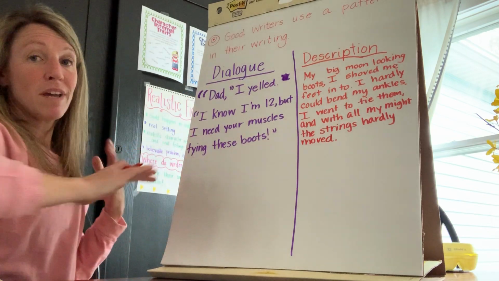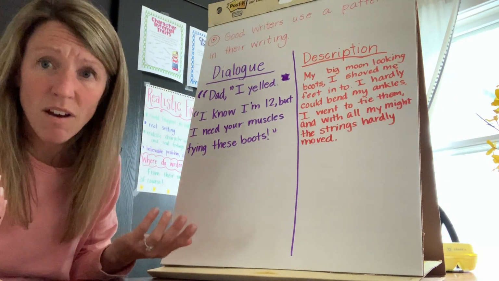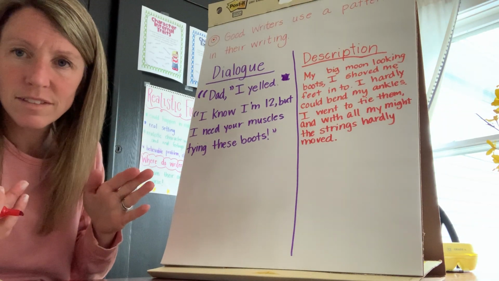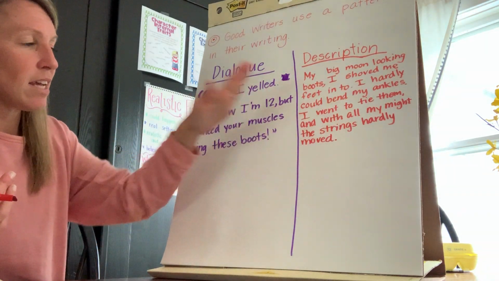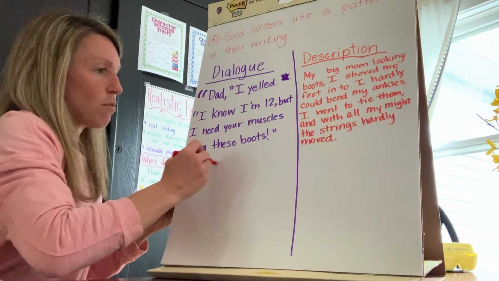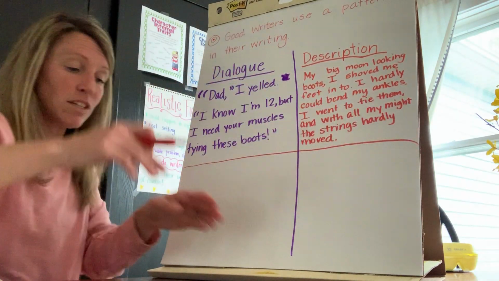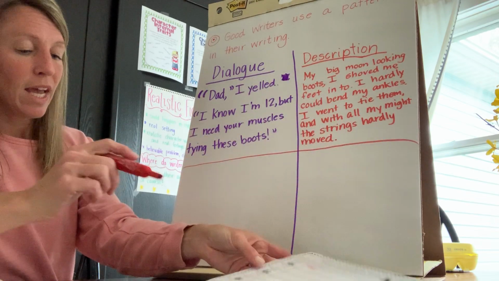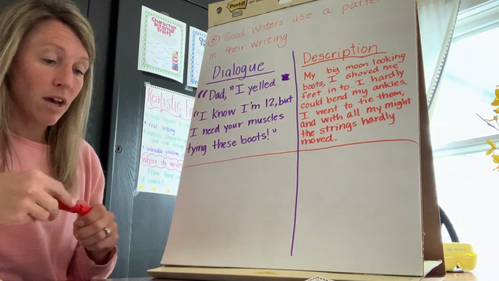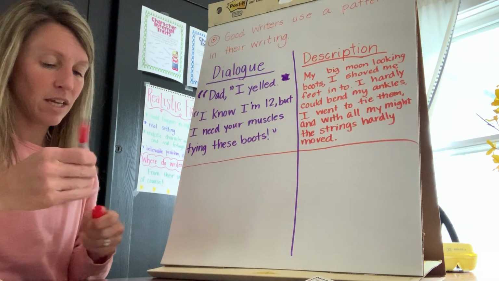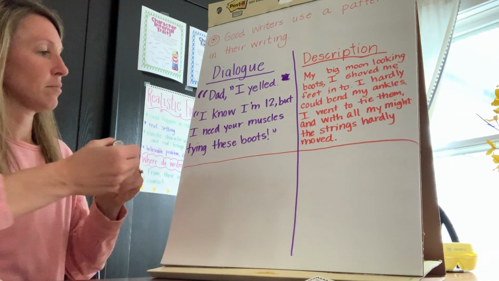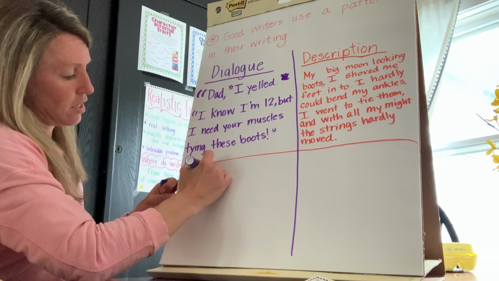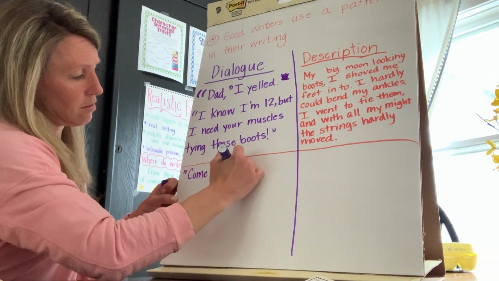And then I could go back to dialogue. This is really hard, I thought. So, Dad, I yelled, right? So there's that description. Now, throughout my story, if I continued, because we have quite a few ideas here, as I continued, I might have dialogue of my dad saying, come on, honey.